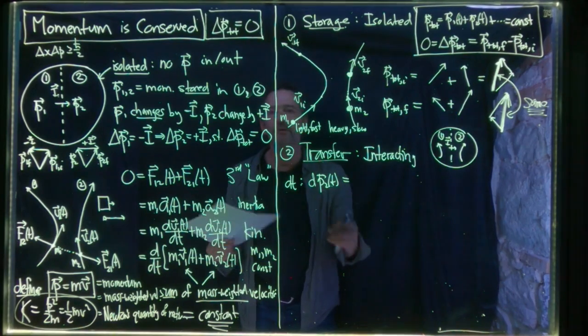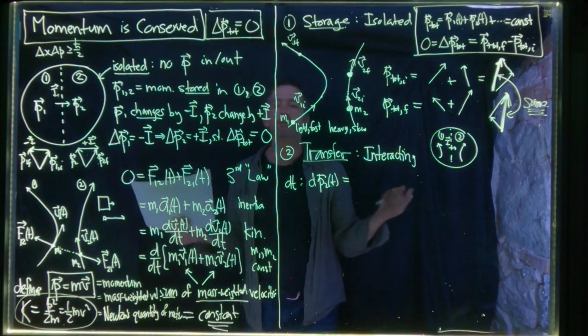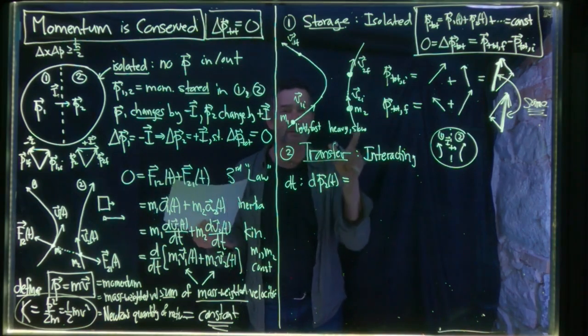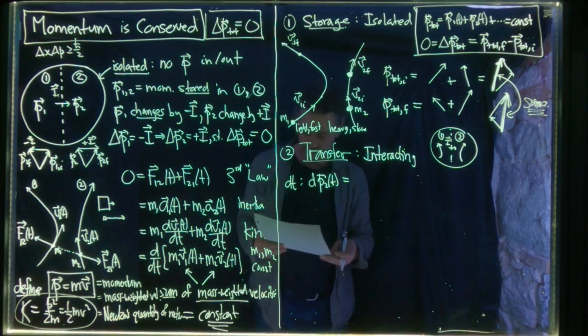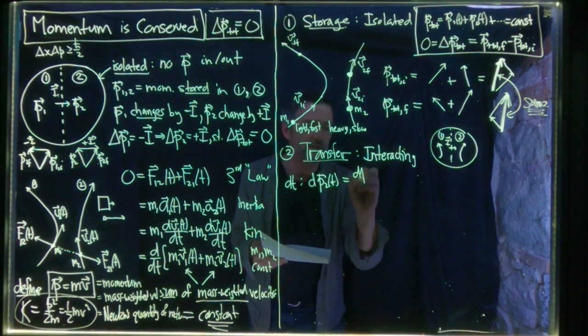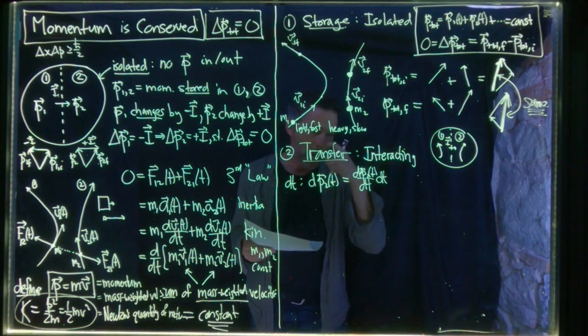So you know that the differential, if you know a little bit about calculus, the differential of a function of t, df, is df/dt times dt. It's the same thing with vector functions. So this is the same as dp2/dt times dt.